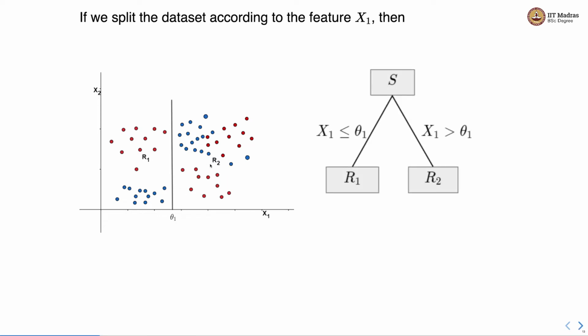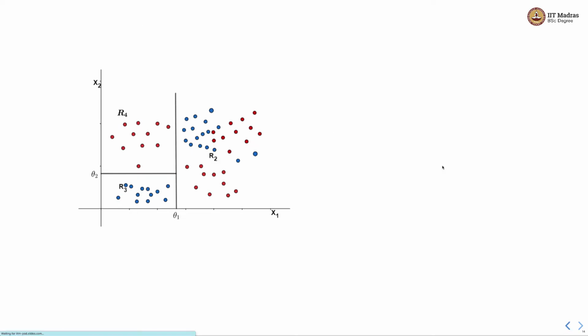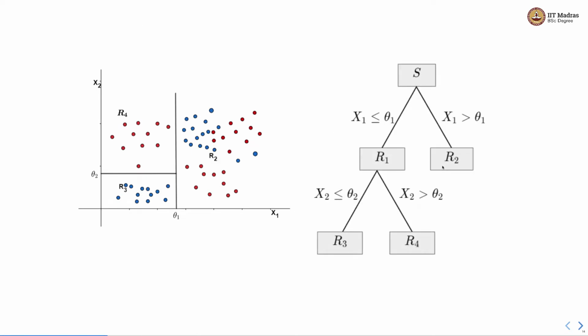We can represent this situation in the form of a tree where we check the feature x1. If it is less than or equal to θ1, we classify it into region R1, and if it is greater than θ1, we classify it into region R2. Next, we decide to break the region R1 into two parts based on some value θ2 of x2.